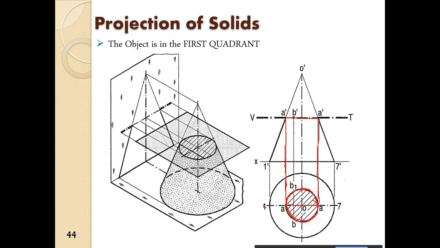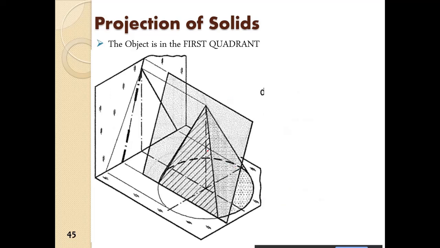So when the plane is parallel to the HP and perpendicular to the VP, there is no problem while drawing a cone.